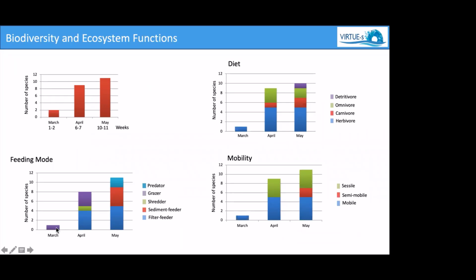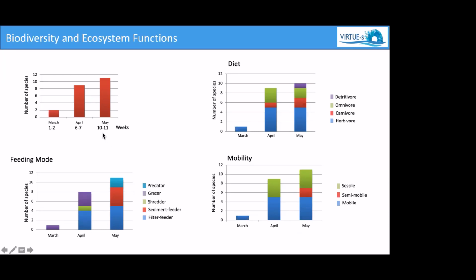So that's why we just have grazers here in the early stages of the fouling of the disc. And then in April, after 6 to 7 weeks, you have here a different kind of composition. You still have the grazers, and then now we found shredders, and we have started to find filter feeders.